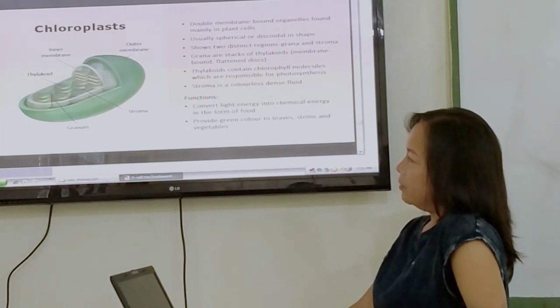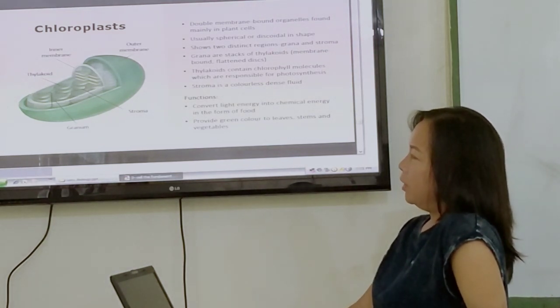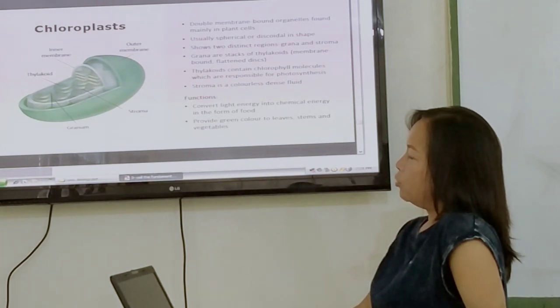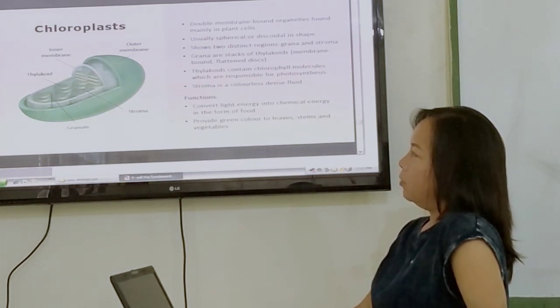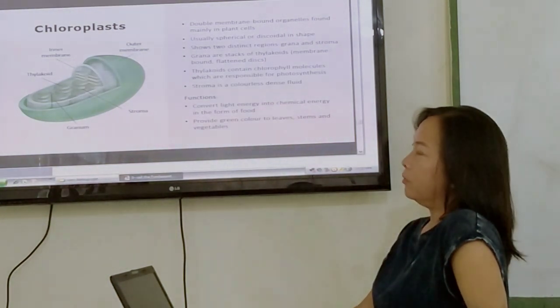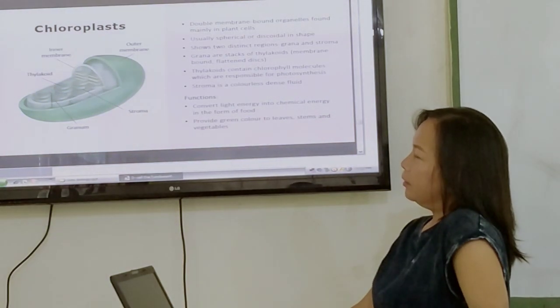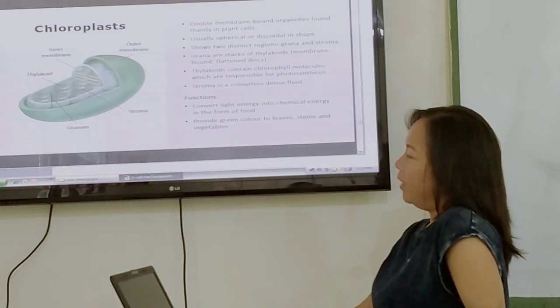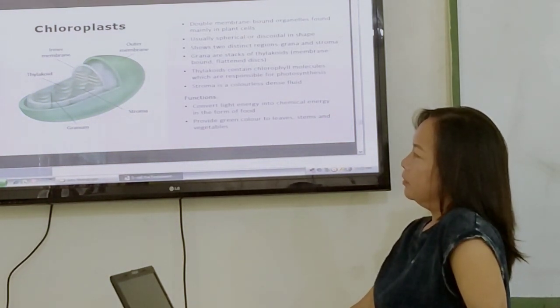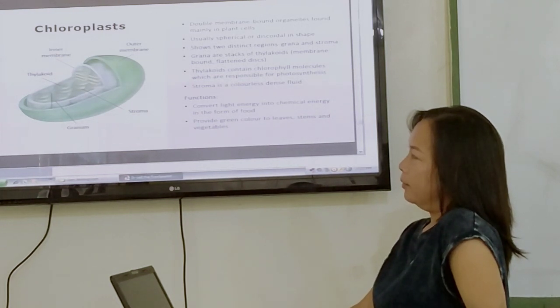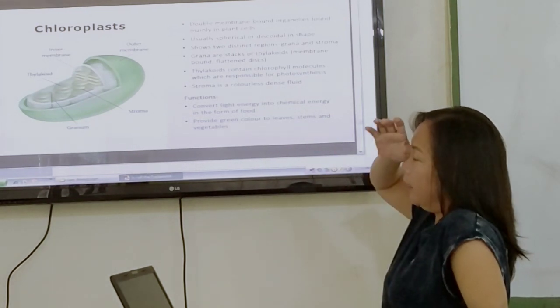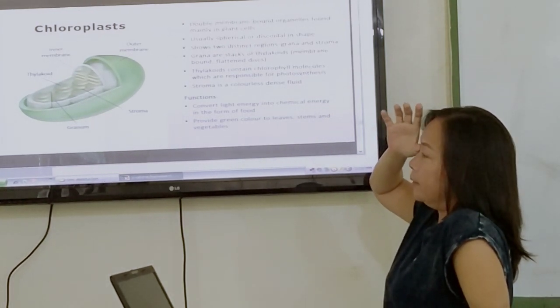Instead, you have this peso-like or coin-like structure called the thylakoids. And we have the grana. Grana is plural, granum is singular.